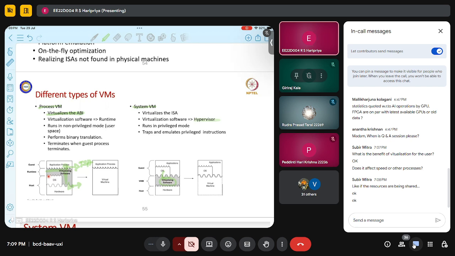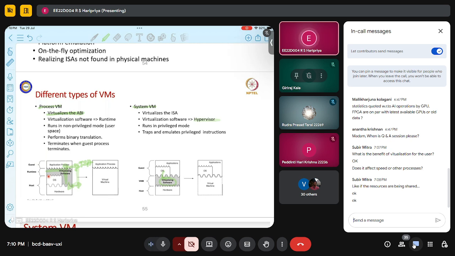Let's discuss these two types of virtualization. Say you want to run applications with a new ISA, so you want to virtualize one piece of software. The ISA conversion introduces new virtualization software that will emulate the conversion between this ISA and that ISA.